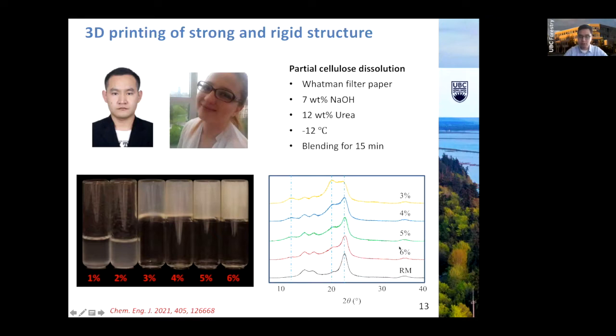As we decrease the amount of pulp, we see more transition to cellulose 2. Here is a peak for cellulose 2, but we still keep the cellulose 1 peak, especially at the high percent, 6%, meaning there is partially regenerated cellulose as well as crystalline cellulose.